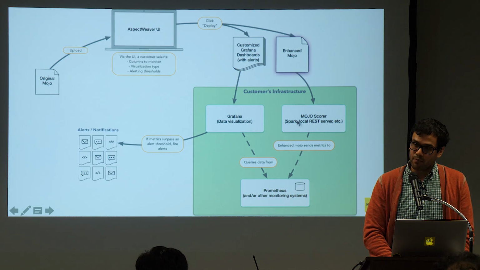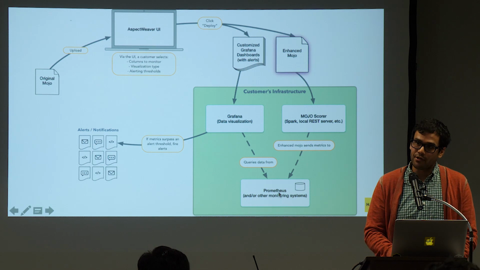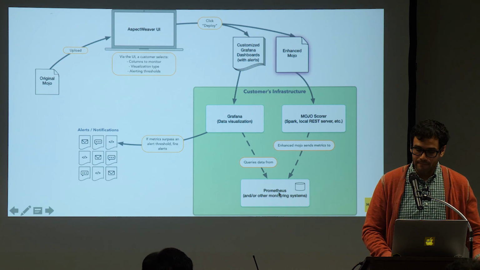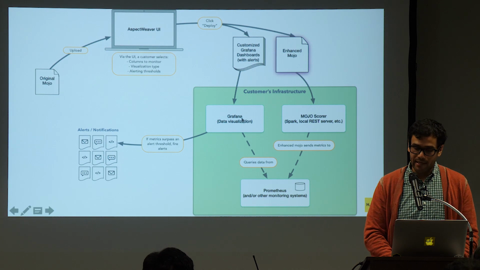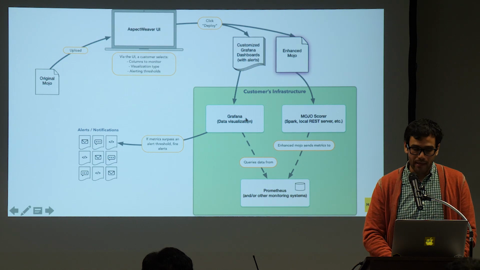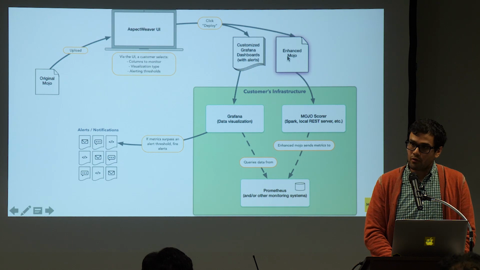So you may have a Spark cluster running, which does the scoring, and then somewhere in your production environment, you may also have a Prometheus store or a metric store. So you set up a metric store somewhere, and then you also set up a data visualization tool, Grafana in this case, somewhere. So you set that up totally independent of the mojo and your model, completely independent.